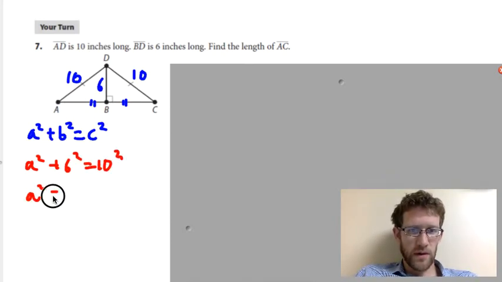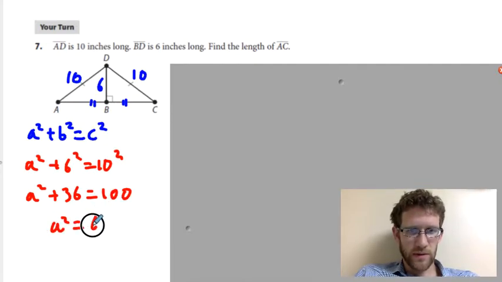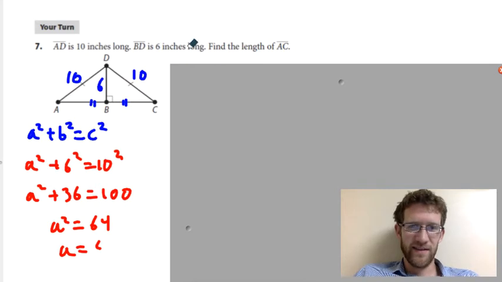A squared plus 36 equals 100. A squared equals 64. Therefore, A equals, what's the square root of 64? Well, I would put 8.